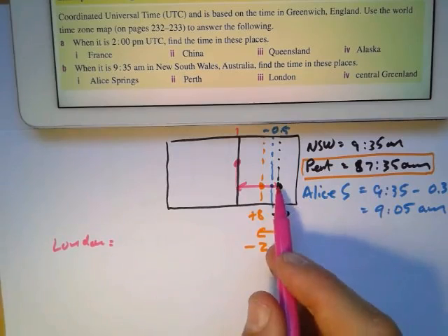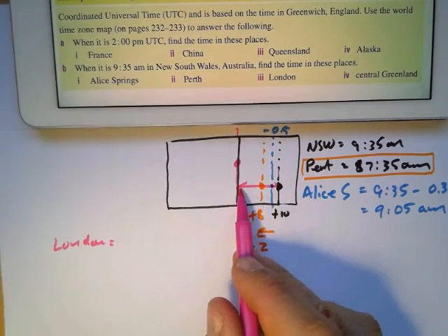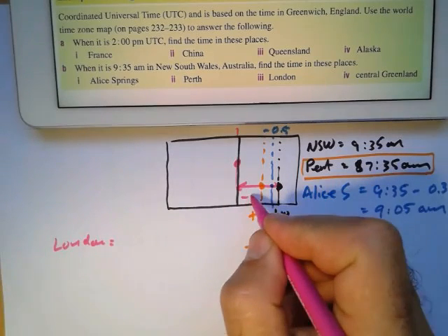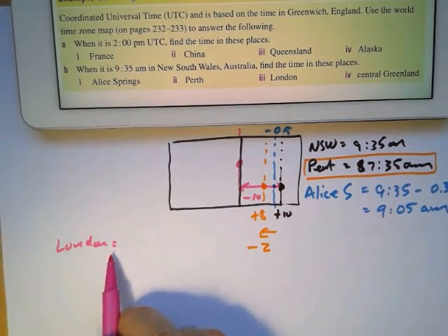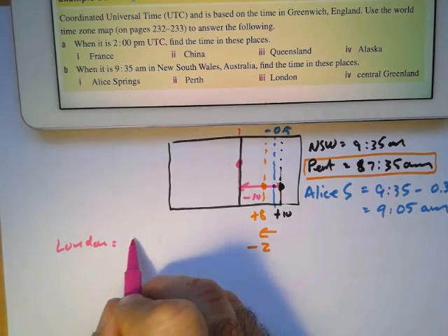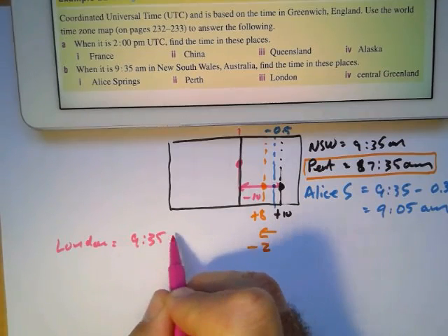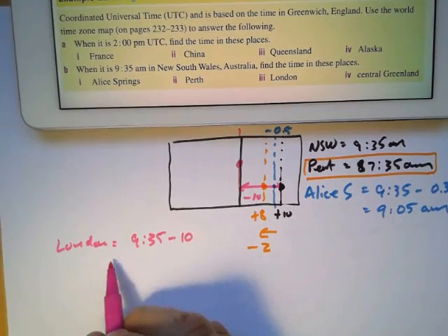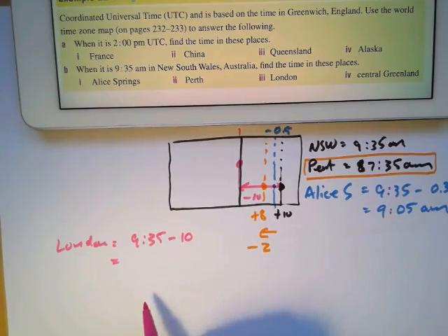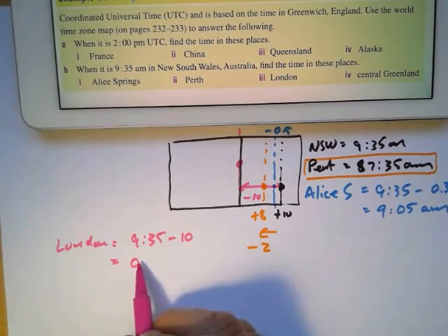So London will be 10 hours to the left, which means earlier, so it will be -10. So it means London will be 9:35 a.m. take away 10 hours. That will take us into the previous morning.